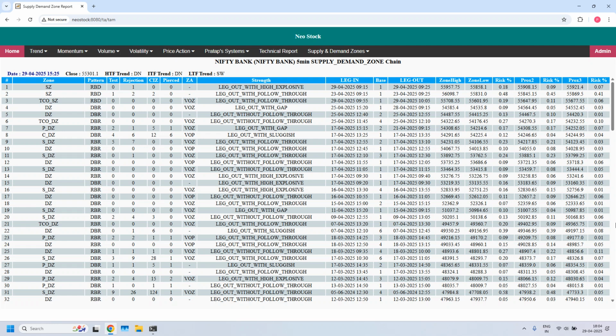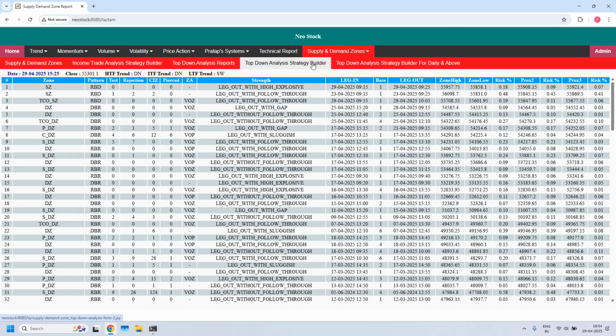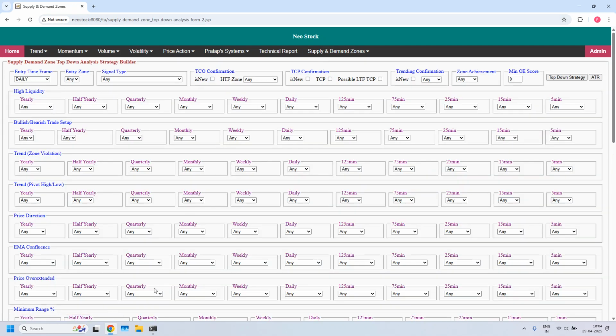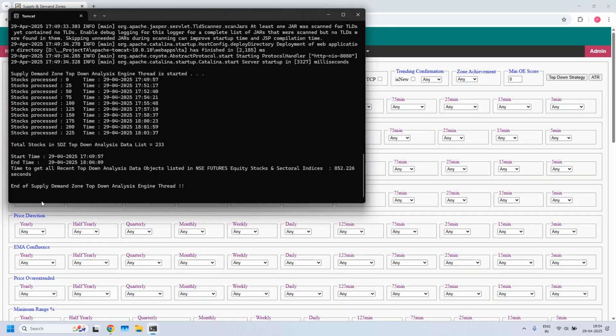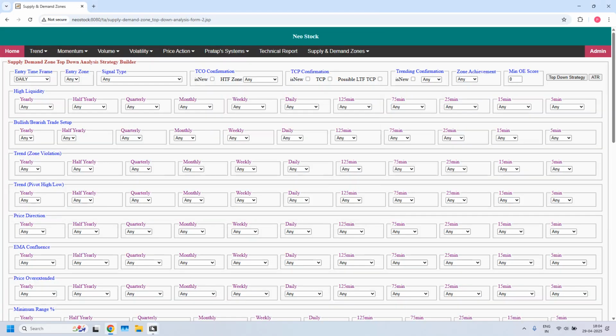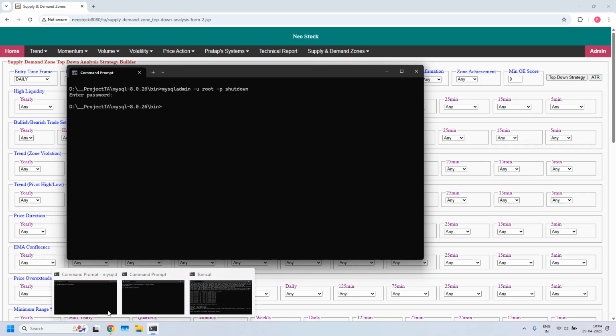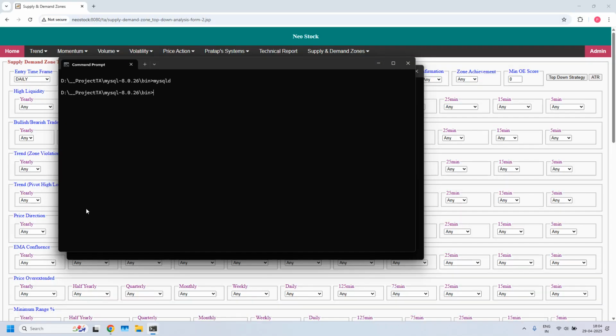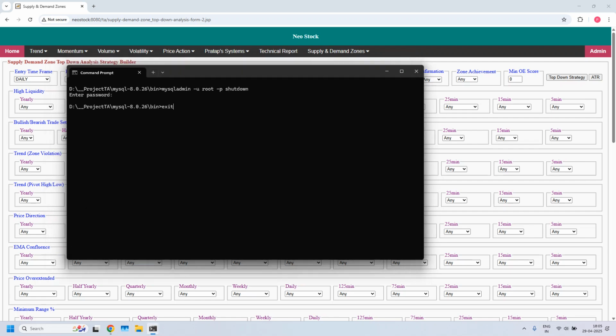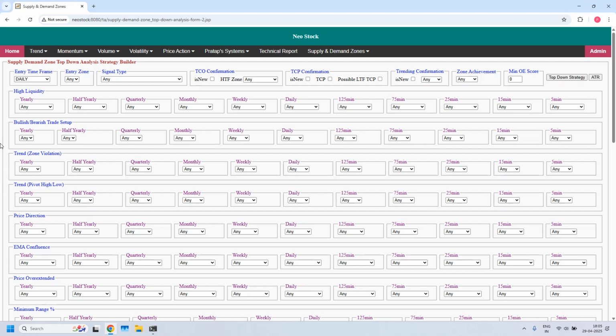Next, I will generate finding the stocks near demand and supply zones for different time frames. Before that, let me check the process is ready. Yes, it is ready. And I will also shut down the database. Okay.